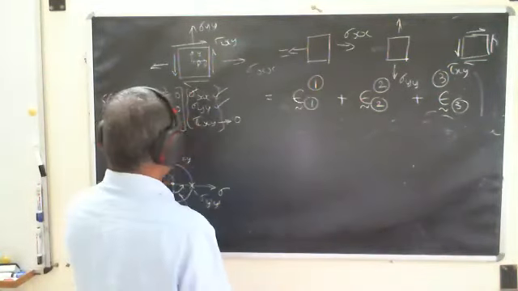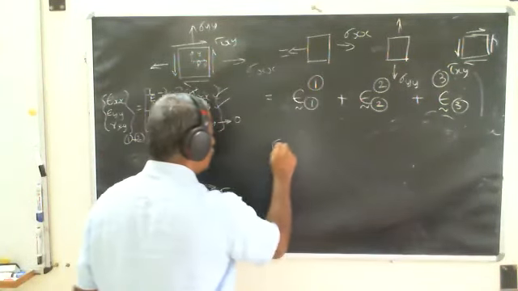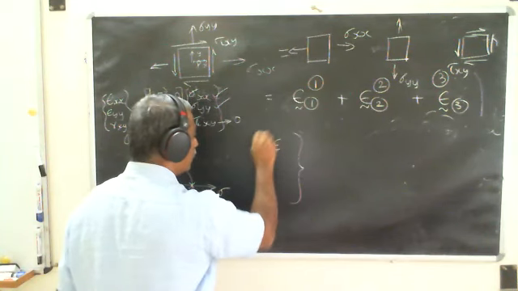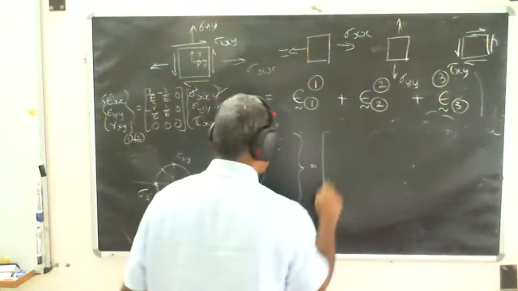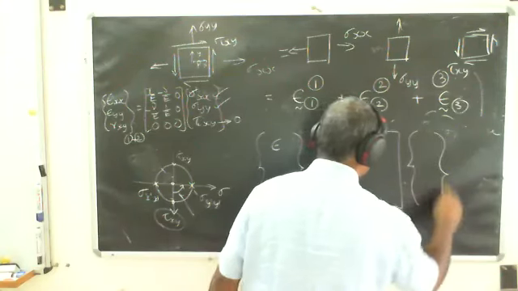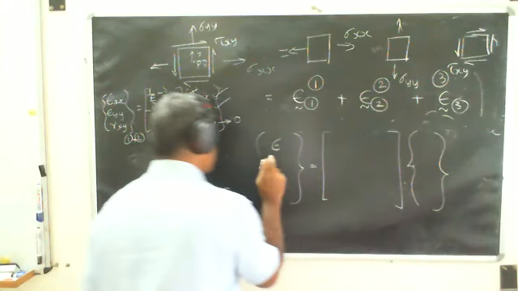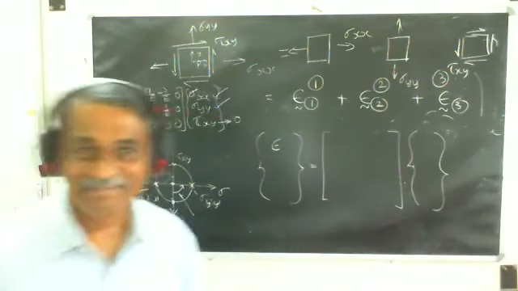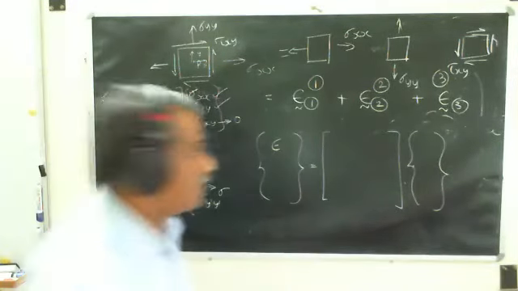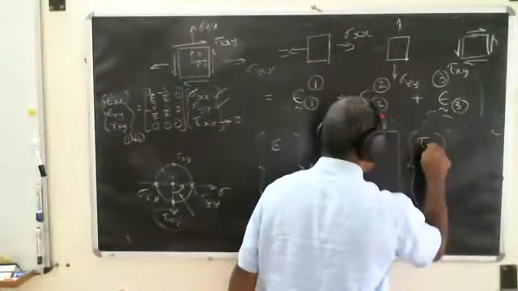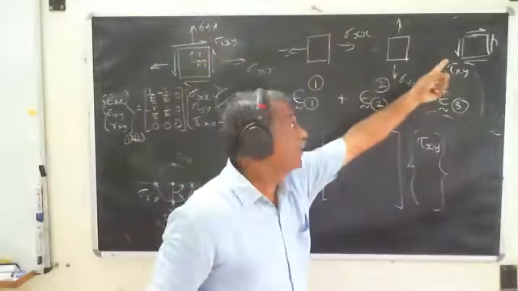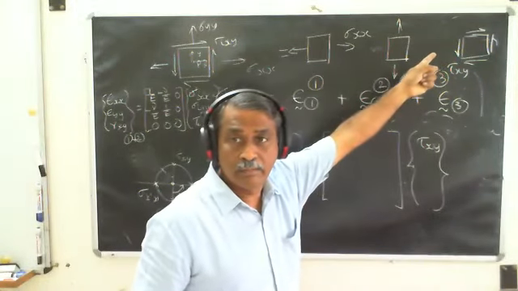Now write down epsilon. What should I write here? What should I write here and what should I write here? This is tau xy, correct? When I say tau xy, I mean that value, okay?